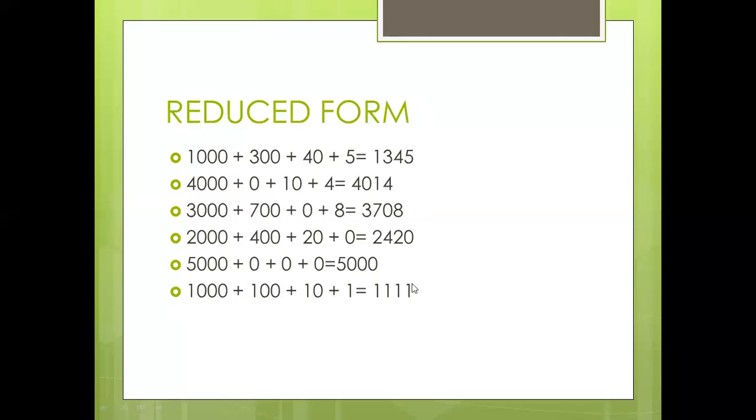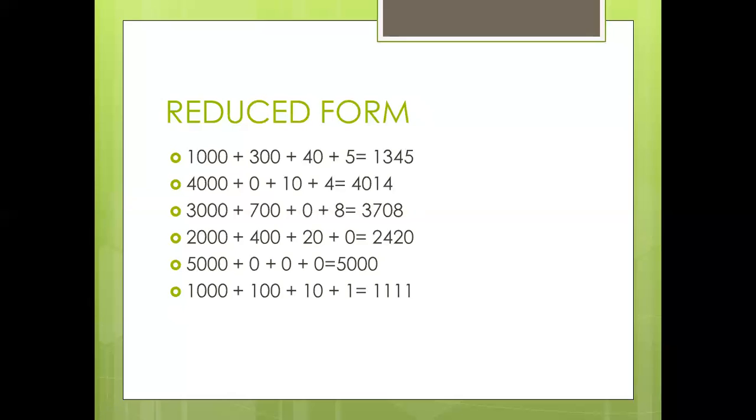So 1 in the thousands place, 1 in the hundreds place, 1 in the tens place, and 1 in the units place. So my answer is 1111. So these are the two exercises we have learned for today.